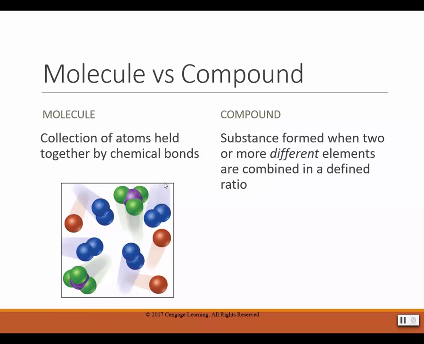Okay. So in this little cartoon here, all of these species would be molecules except for the single spheres here. Those would be single elements. Okay. The blue ones, and the blue and the green with the purple, those are molecules. Compounds are substances that are formed when you have two or more different elements.